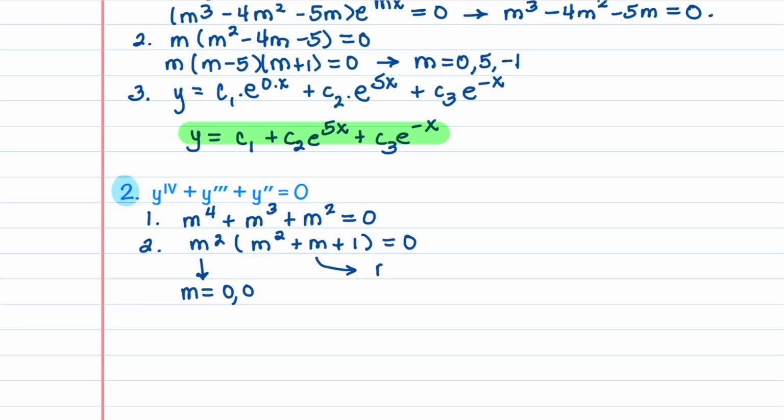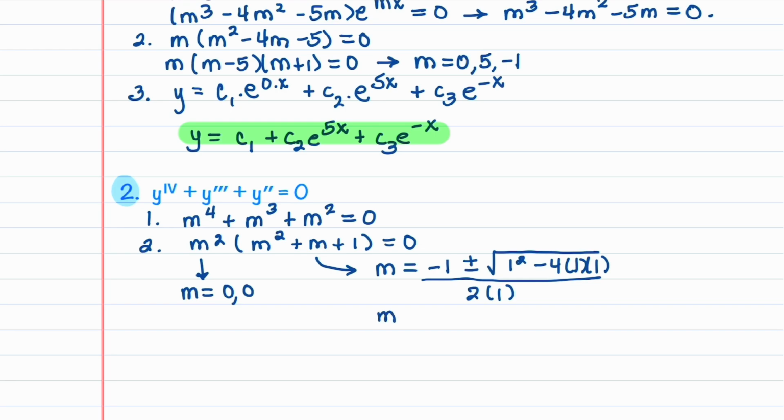Our solution is m is equal to negative b, which is minus 1, plus or minus the square root b squared, which is 1 squared, minus 4 times a is 1, and then c is 1, all divided by 2 times a, which is 1.